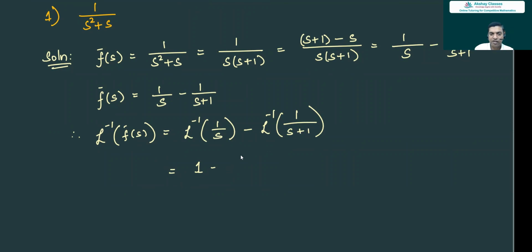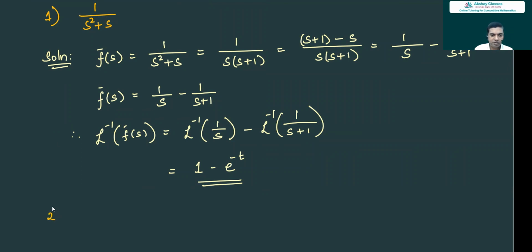So a is minus 1 here. So e power minus t. Just a simple formula.